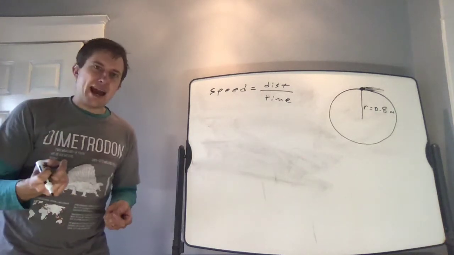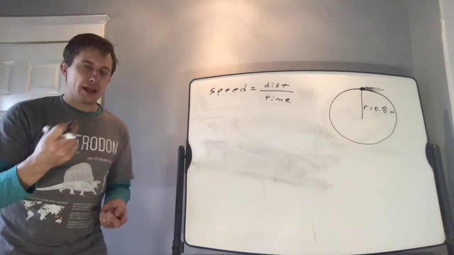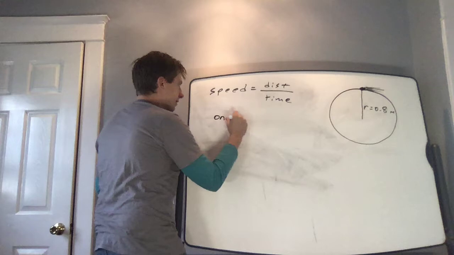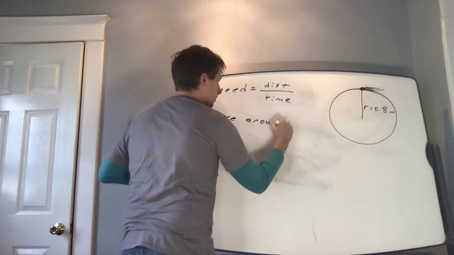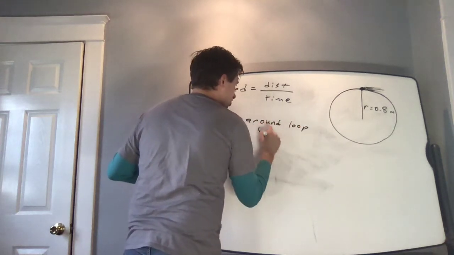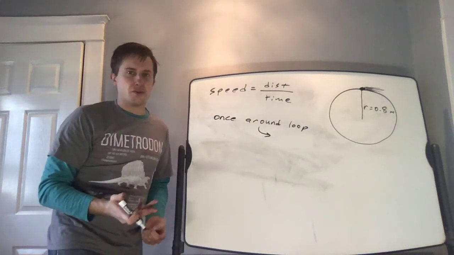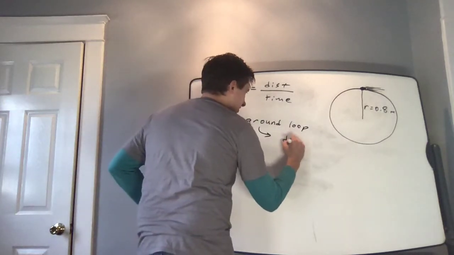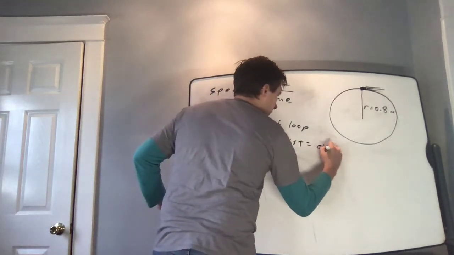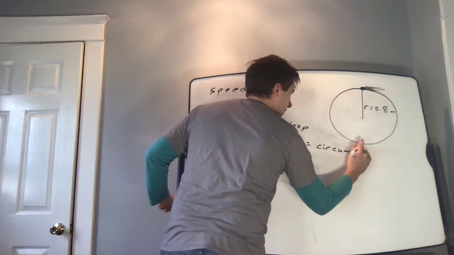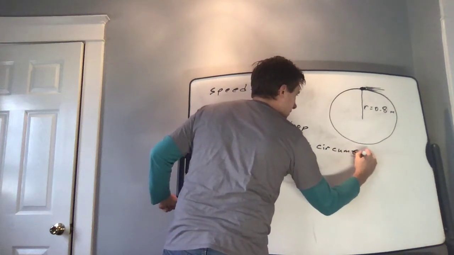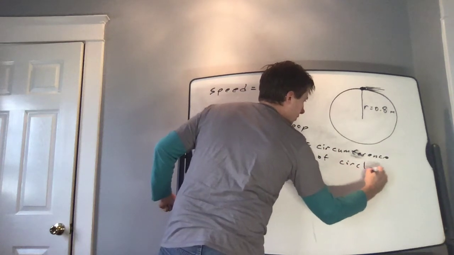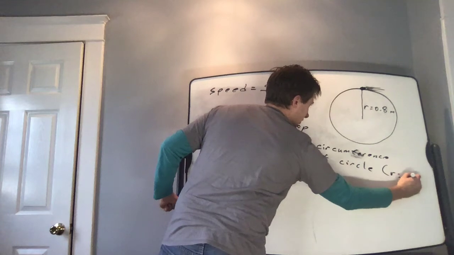So I could ask, how far does it travel every 2 seconds? So once around the loop, well, that's just going to be the circumference of a circle of radius 0.8 meters. So here I could say the distance is the circumference of a circle with radius 0.8 meter.